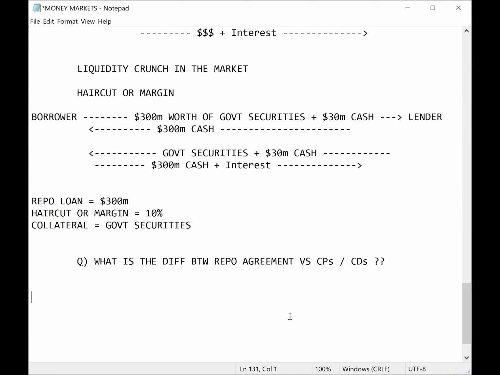So is there any benefit to the lender? The benefit is that there is no risk here. You are getting the interest returns without taking the risk, right? Okay, sir, got it.